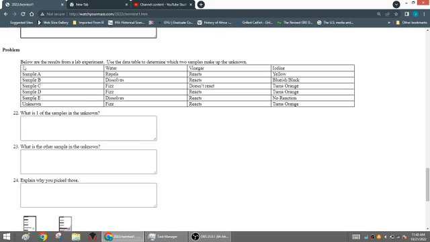Moving on. Below are the results from a lab experiment using the data table to determine which two samples make up the unknown. What is one of the samples in the unknown?